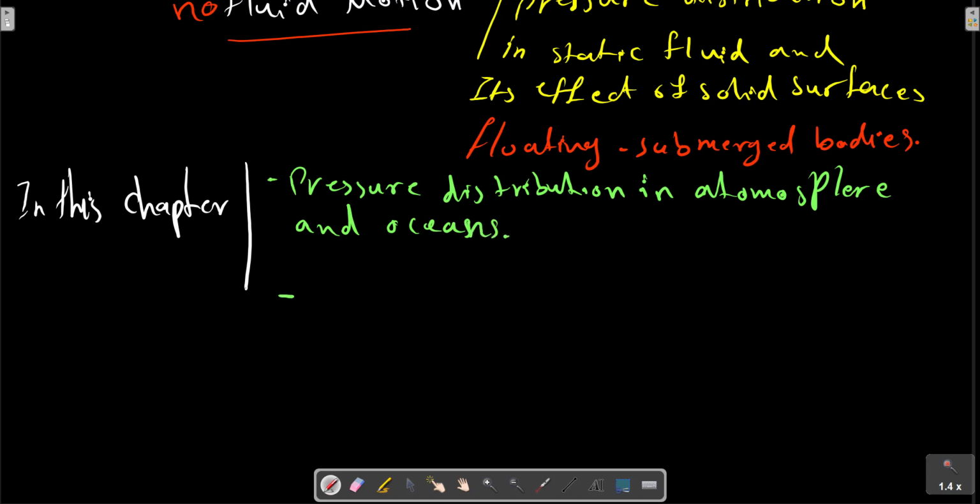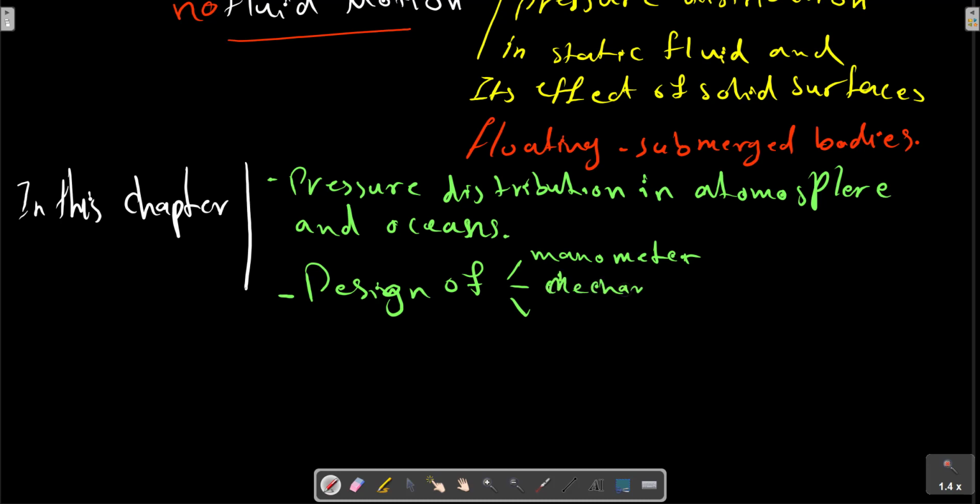And second, the design of manometers, mechanical and electronic pressure instruments.